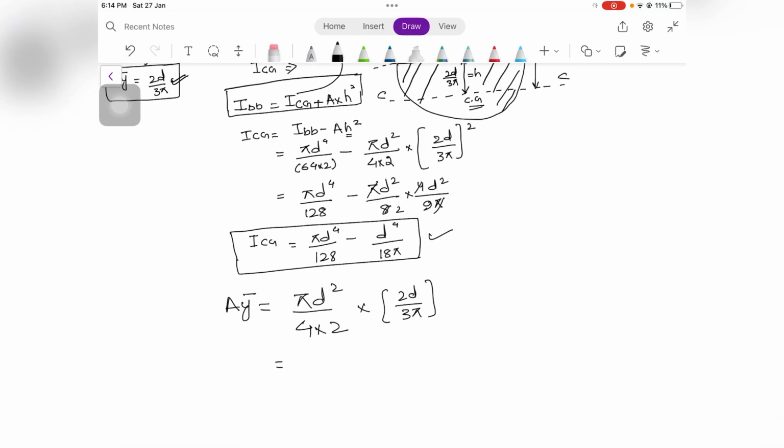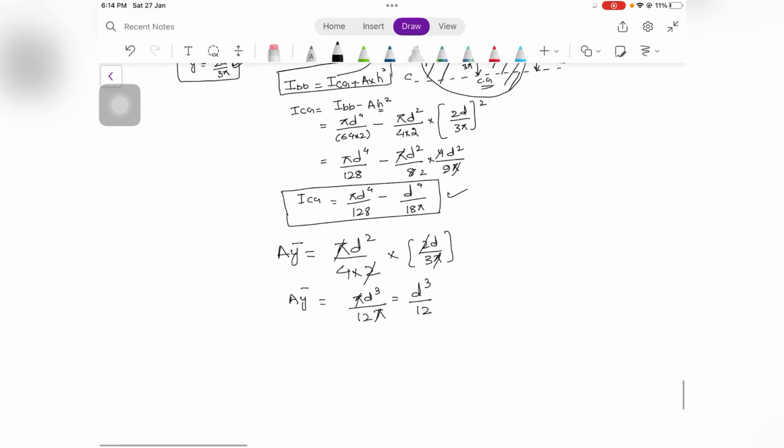All right, so let us rewrite this as pi d cube upon 12, yeah, just 12. So A y bar is d cubed upon 12.